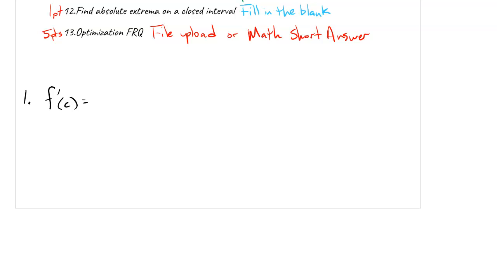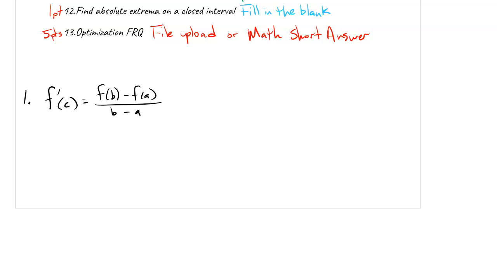So f prime of c equals f of b minus f of a, over b minus a. Okay, so Connor, this is the formula for the mean value theorem. I'm not sure what would work best to ask as a question. How about in your own words, what are we doing here?